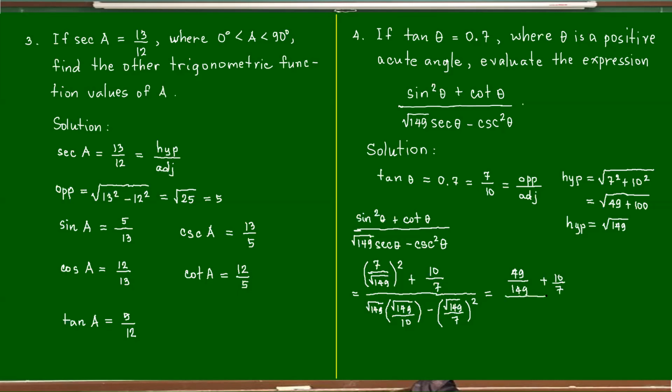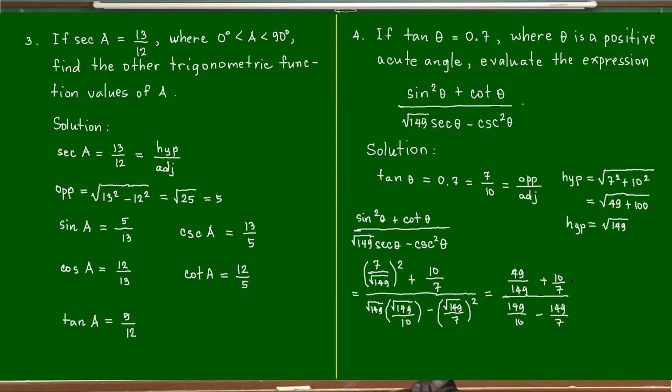All over the denominator, 149 over 10, minus 149 over 7. So let's simplify. The numerator is 49 divided by 149 plus 10 over 7.